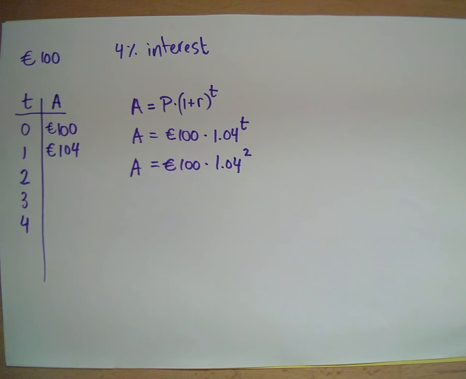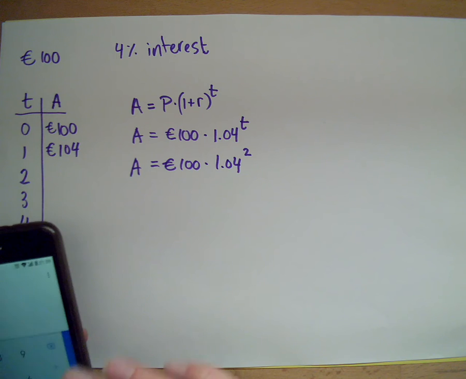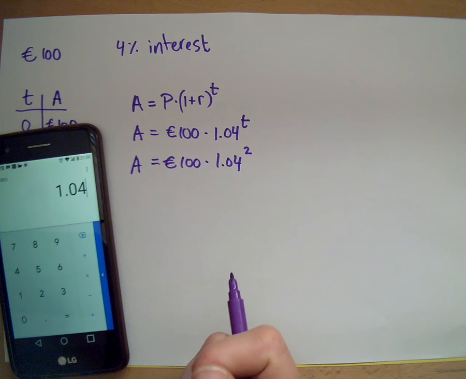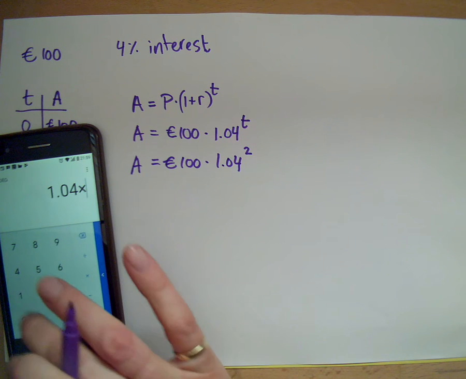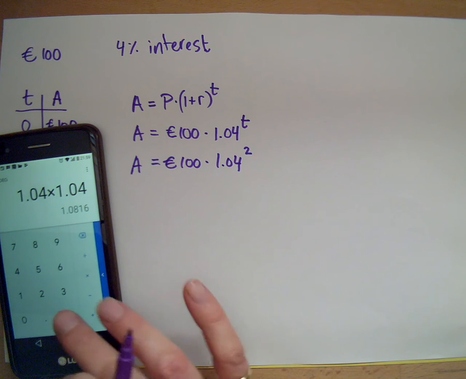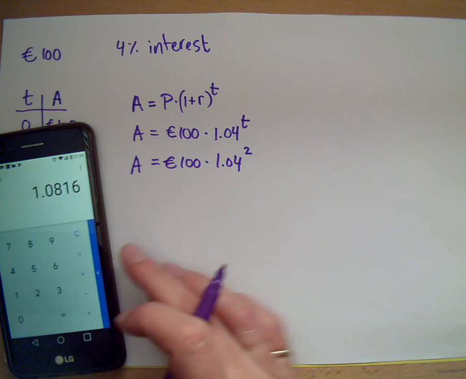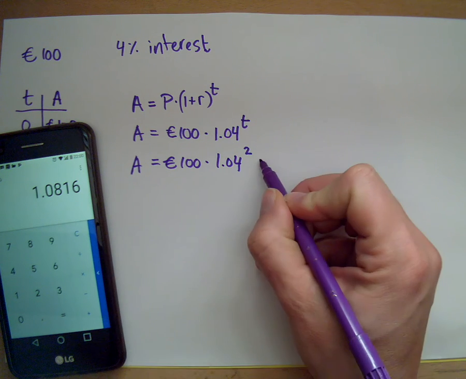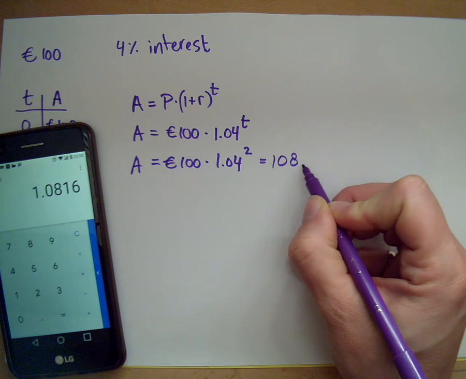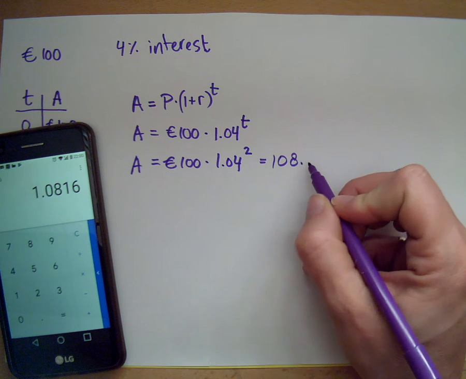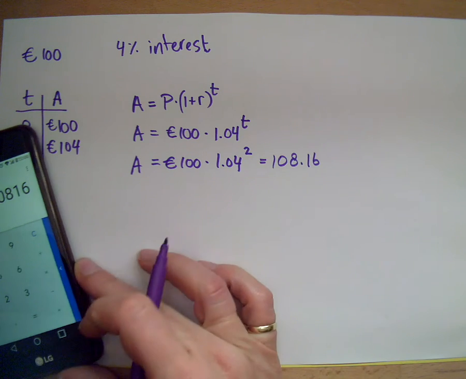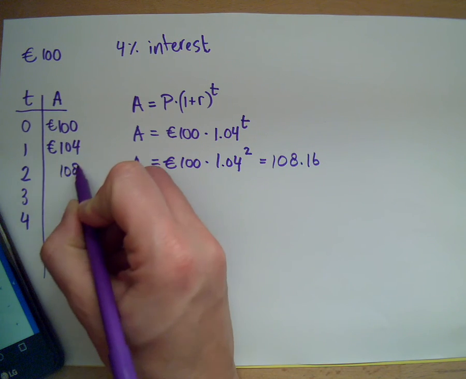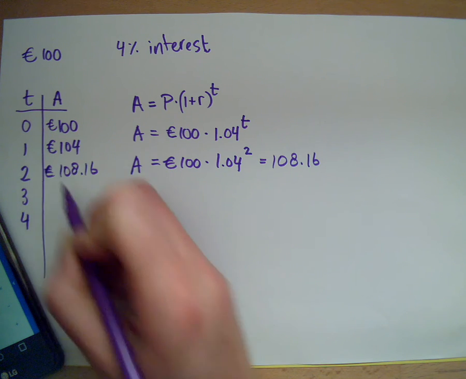We need our calculator there, or at least I do. 1.04 times 1.04 equals this, times 100, so let's say 108 euros and 16 cents. Let's plug that in here, 108, 16 cents.